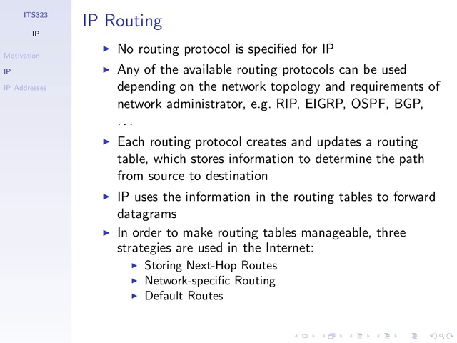They were examples of network-specific routing and using default routes. Of course, that's just for R1. You'll go home tonight and create a routing table for R2 and R3.